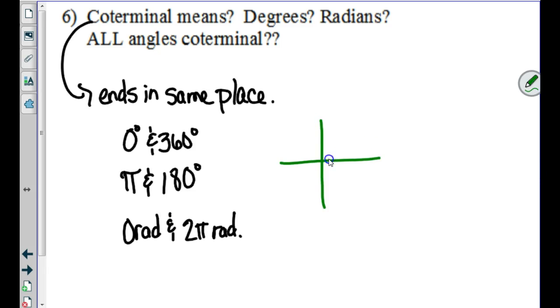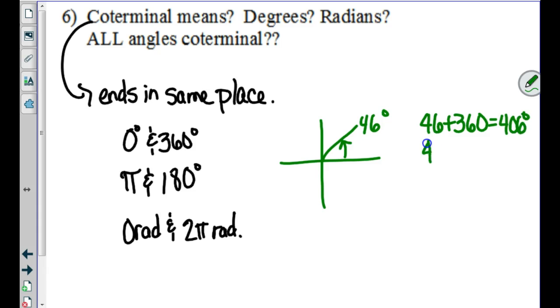so if I said this is 46 degrees, what's coterminal with that? Can you give me two answers, anybody? Remember how to do this? So if you took 46 plus 360, you'd get 406.